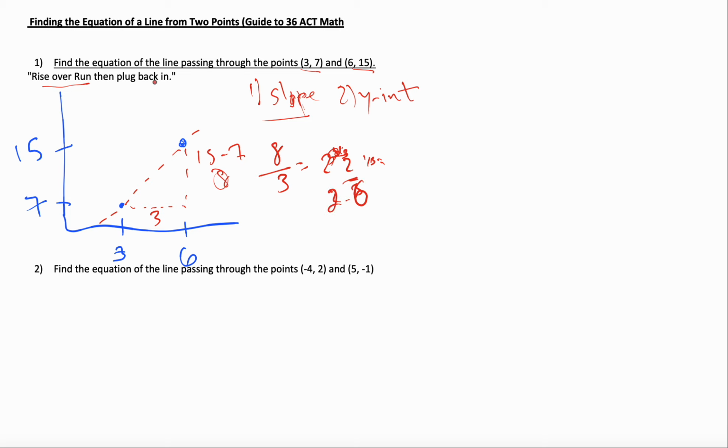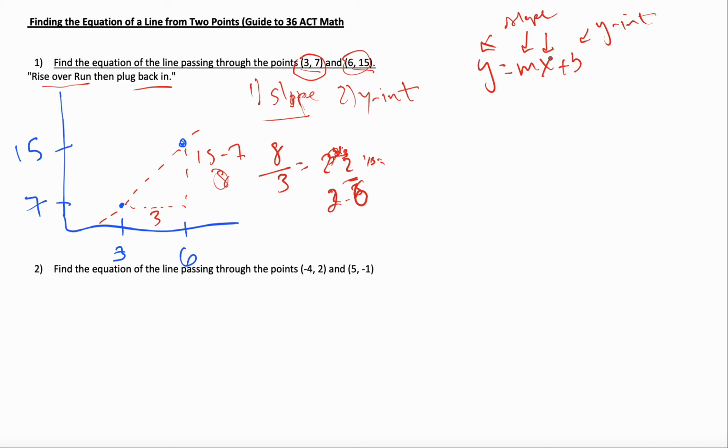And then what we do here is we're just going to plug this back in. What does that exactly mean? Well, we have 2 points here, and these 2 points give us a lot of information. So we think about y equals mx plus b. y is just the y value, x is just the x value, m is our slope, and b is the y-intercept.